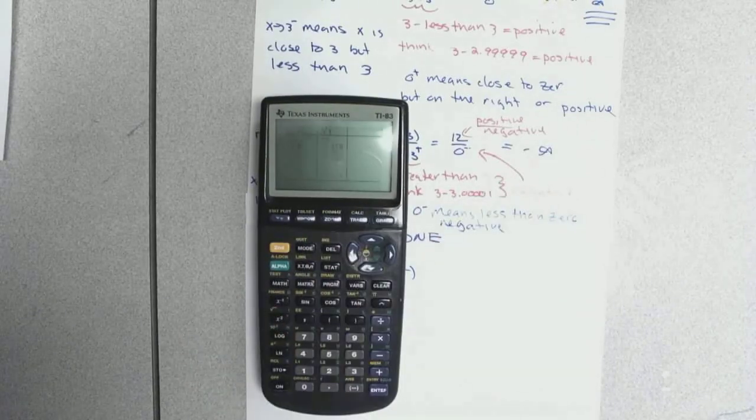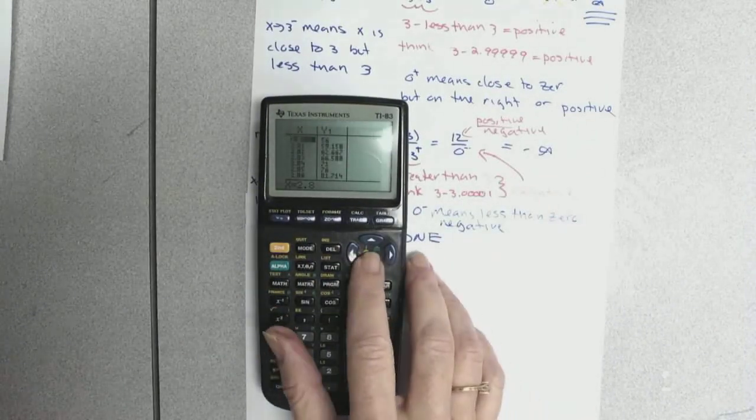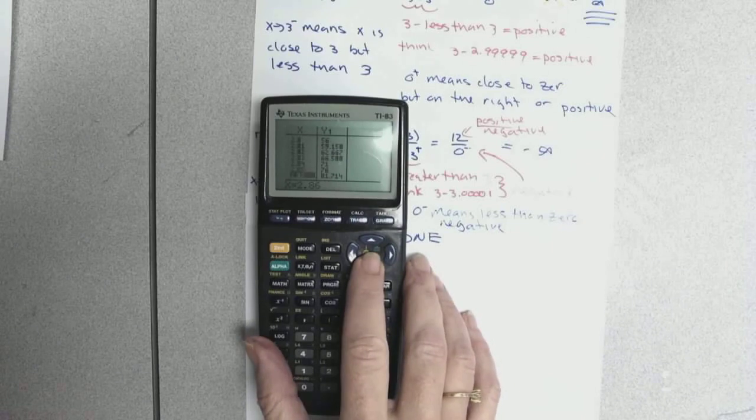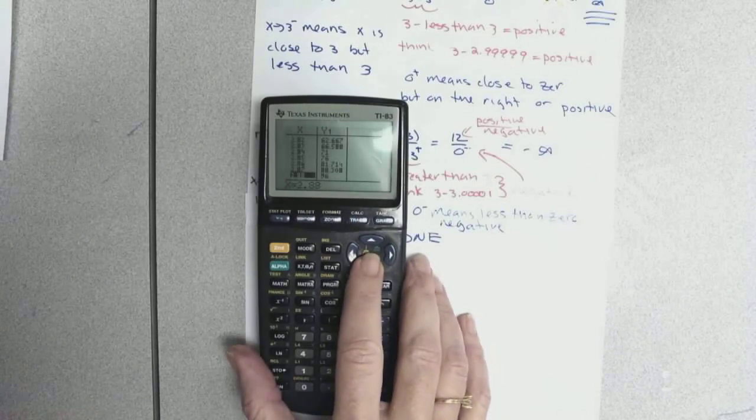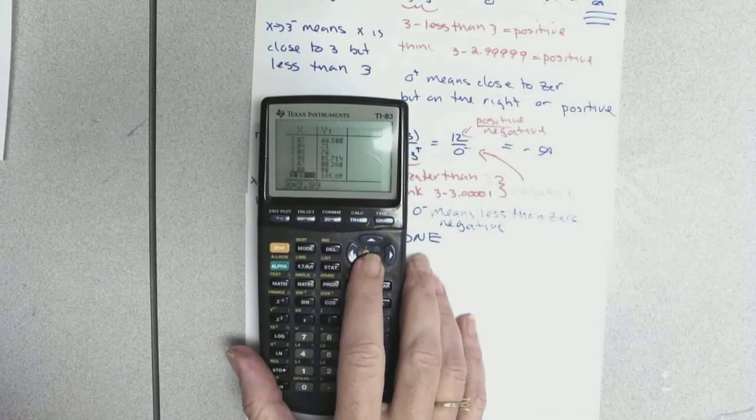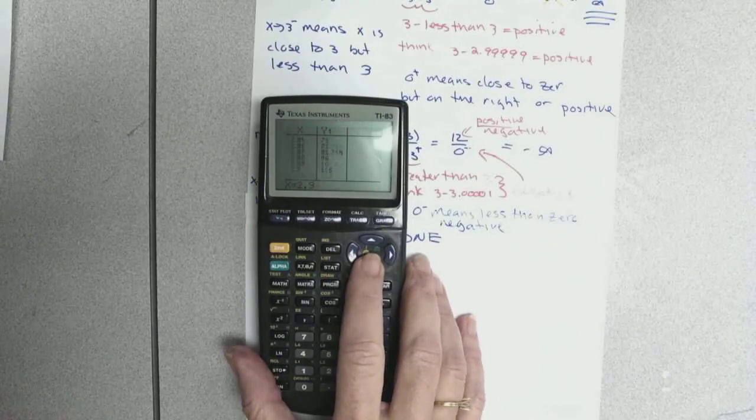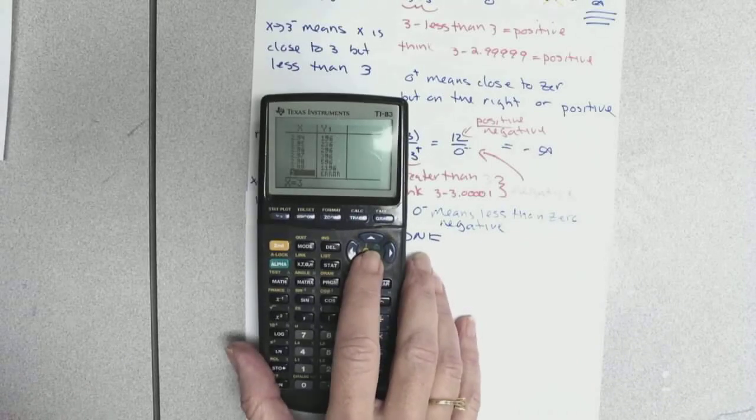Second and table. Notice as we start getting closer and closer to 3, my y values are getting bigger and bigger and bigger. Then when I hit 3, I get an error, undefined.